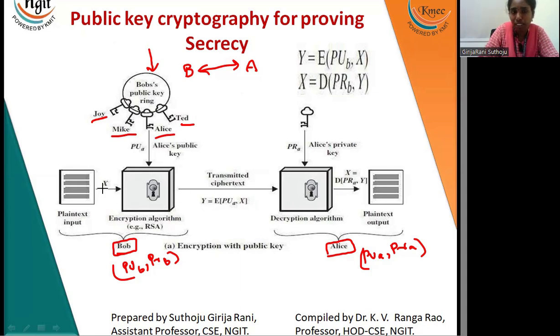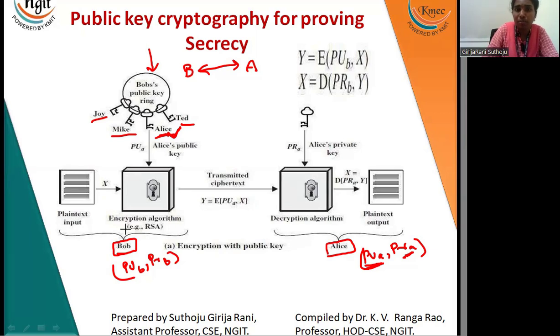X is a plain text, so we are encrypting that with the public key of Alice. Now, who can decrypt it? As I am utilizing the public key of Alice, only the private key of Alice can decrypt it. Got this? So that is the reason we should have a slot with all the public keys who are available in that network.